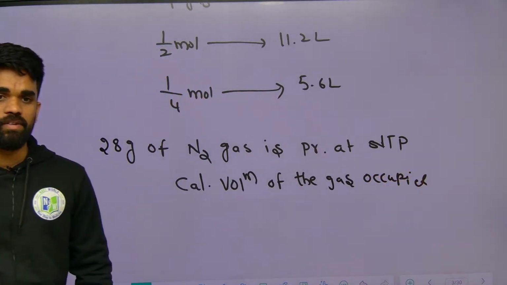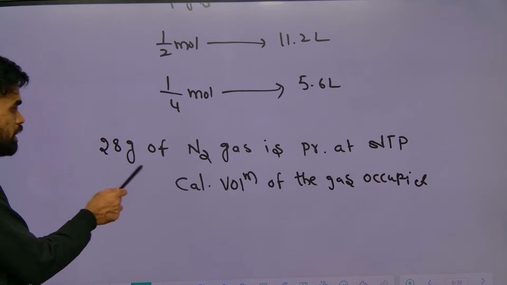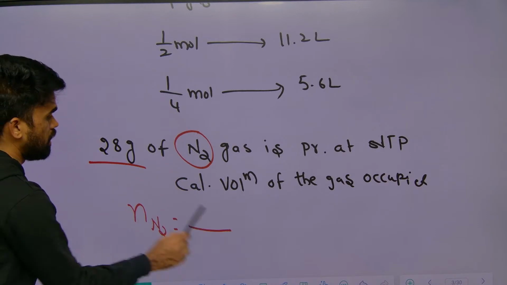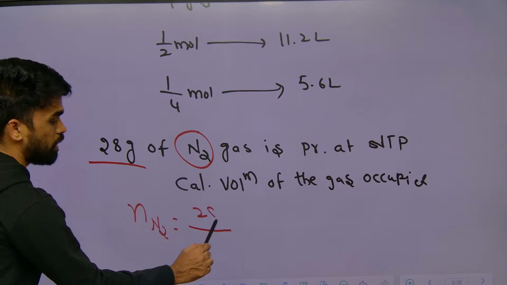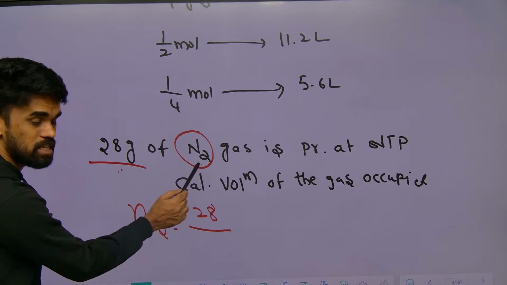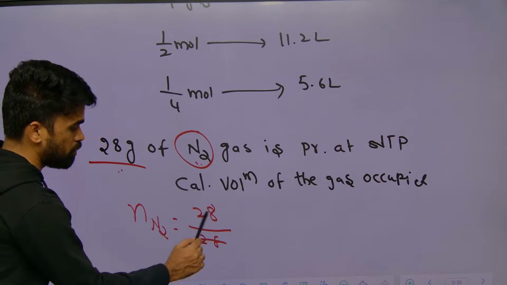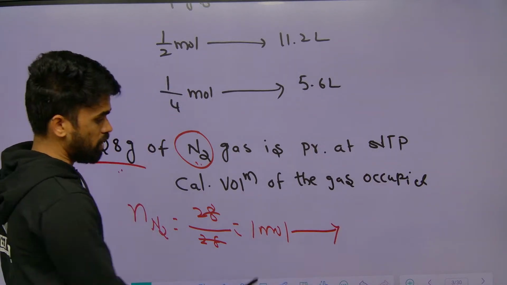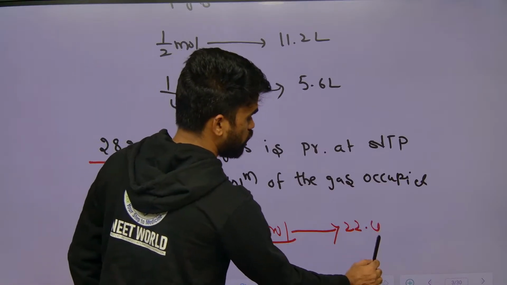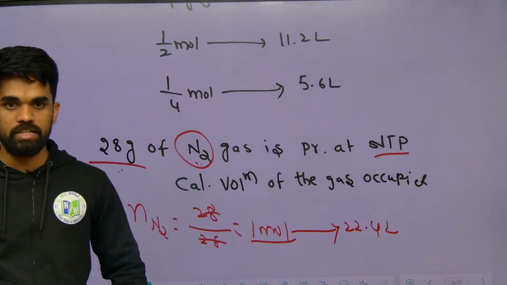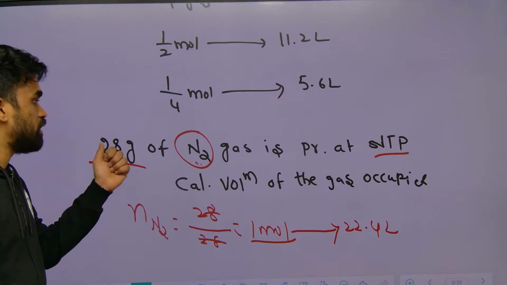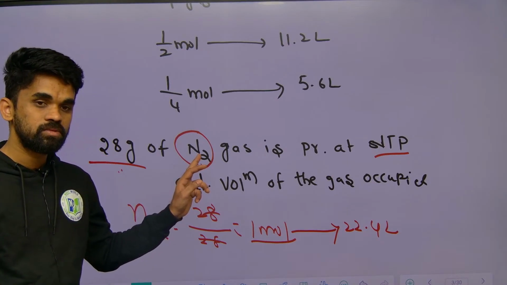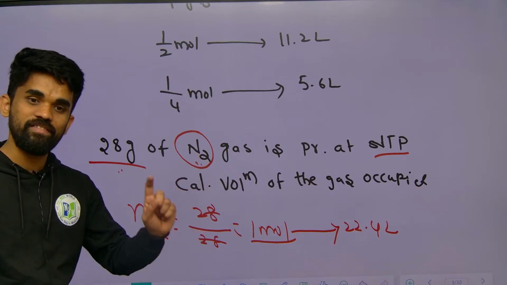What is your answer? 28 grams of N2, first calculate the number of moles. Number of moles is weight by molar mass. What is the molar mass of N2? 28. So this will be 1 mole. And 1 mole of any gas occupies 22.4 liters at NTP. Clear? So if I say 14 grams of N2, 11.2 liters. 7 grams of N2, 5.6 liters.